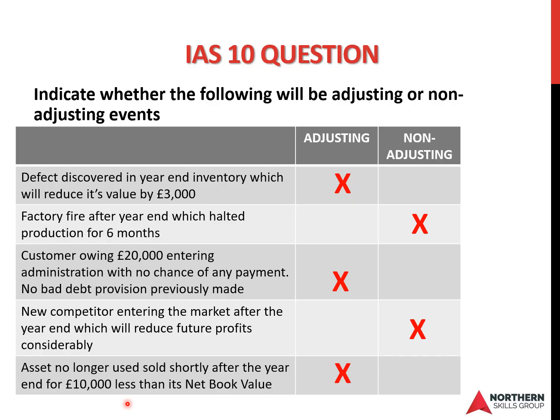So there should arguably be an impairment adjustment for that item. So that's the sort of question you might get in the exam in task 5 for IAS 10. And remember, the big question is whether the event gives you more information about the position as it existed at the year-end date.